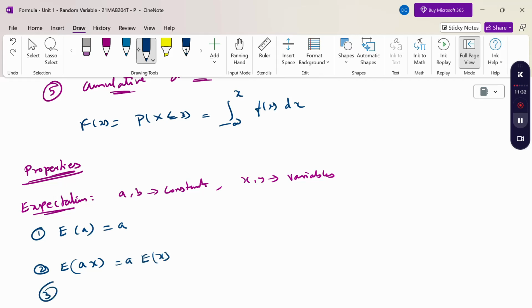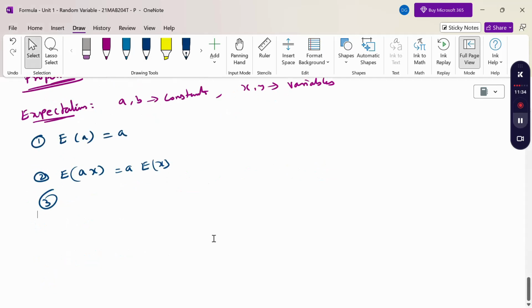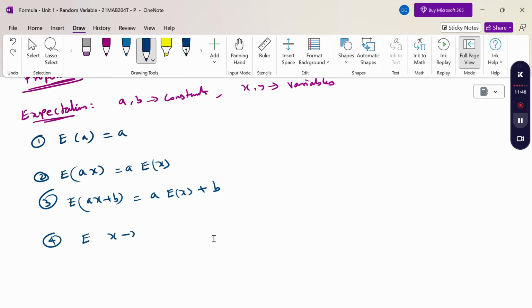Then the expectation of ax plus b equals a into the expectation of x plus b, and the expectation of x minus x bar equals 0. The expectation of x plus y equals the expectation of x plus the expectation of y. This is the additive property.